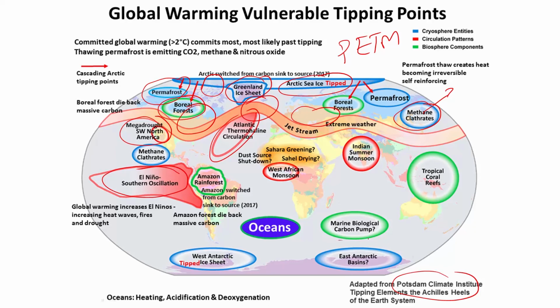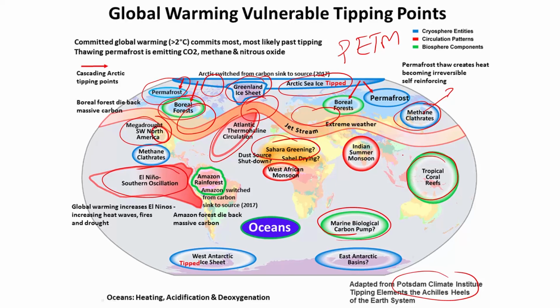Oceans, we don't know what will happen to oceans' ability to take up carbon through the biological pump. Antarctic ice sheet obviously remains a vulnerable entity. African monsoon, Indian monsoon, we don't know what Sahara and Sahel will do. Coral reefs, we said, are already unique threatened systems which are at high risk, and so on.